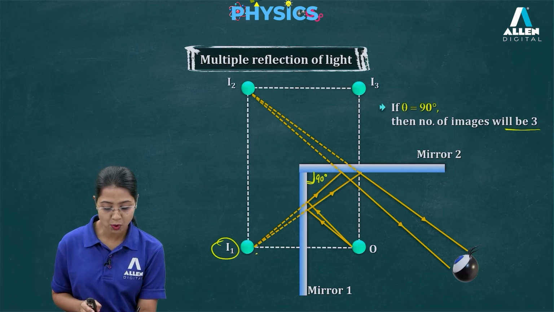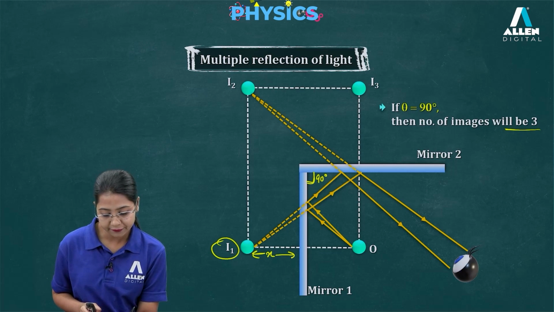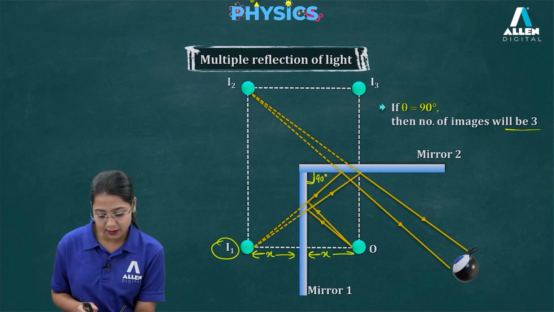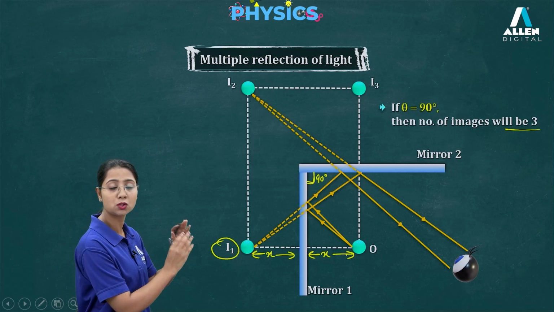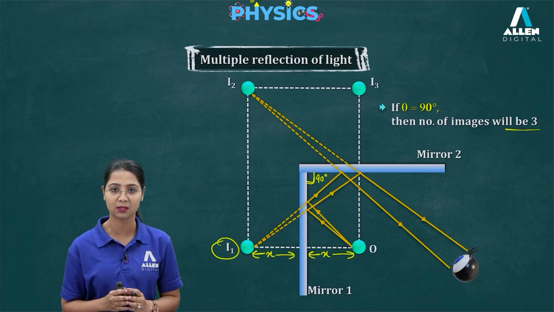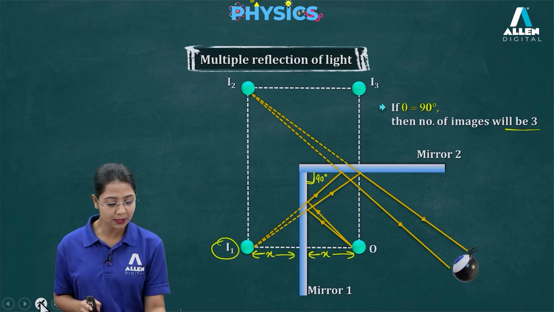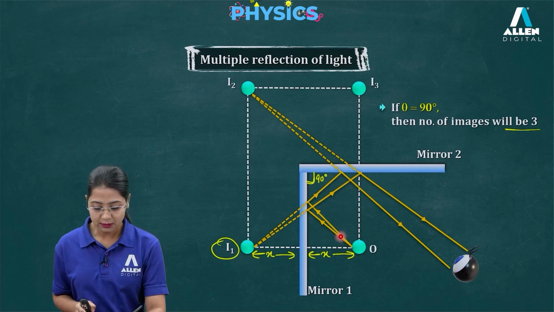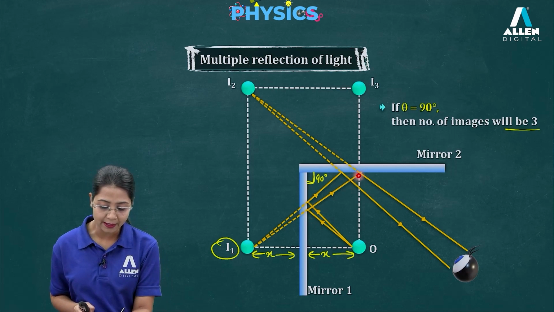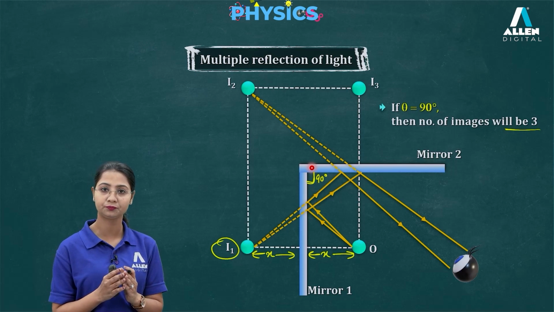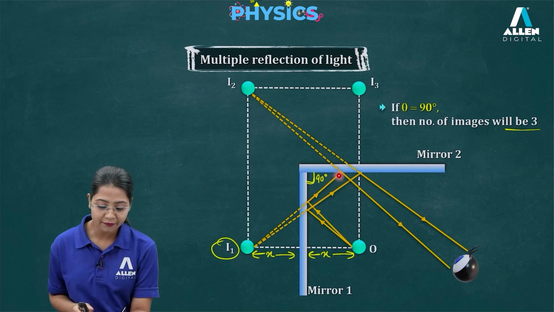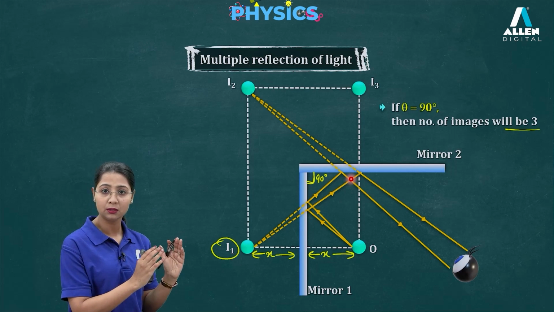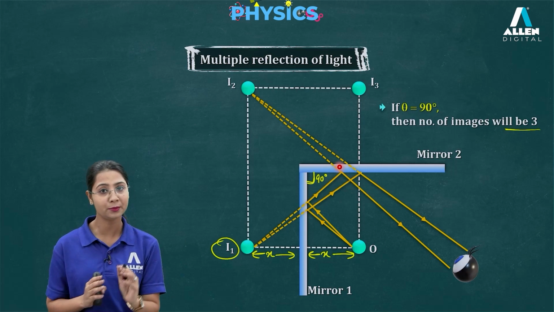Okay, let's observe the distance. If the object is at a distance x, then the image is also at a distance x from the plane mirror, that is mirror 1. Similarly, these reflected rays are striking the mirror 2. These reflected rays from mirror 1 will be incident rays for mirror 2.